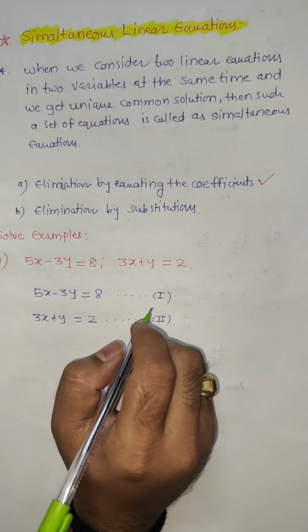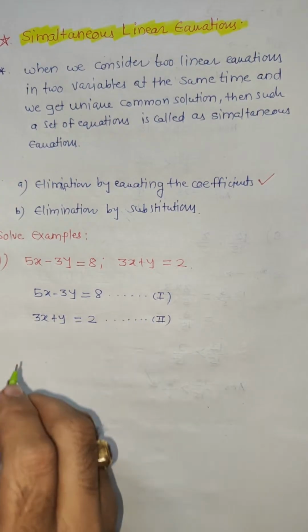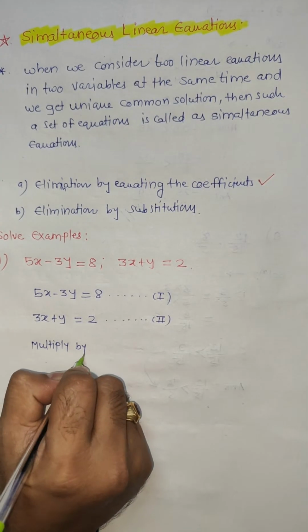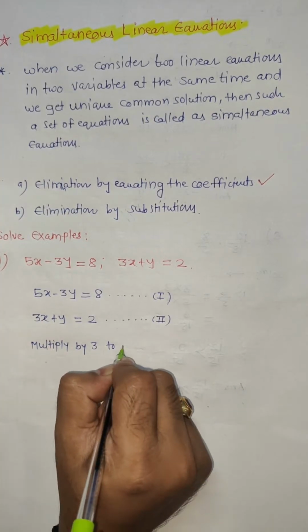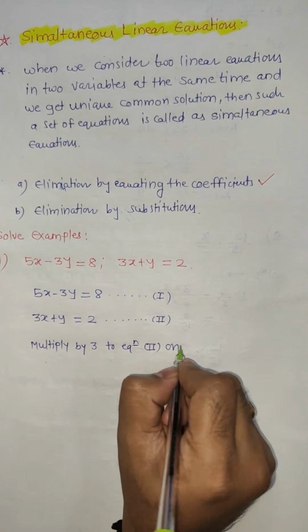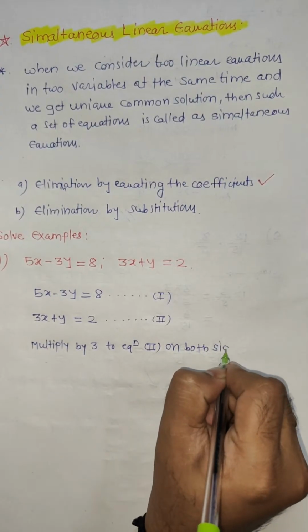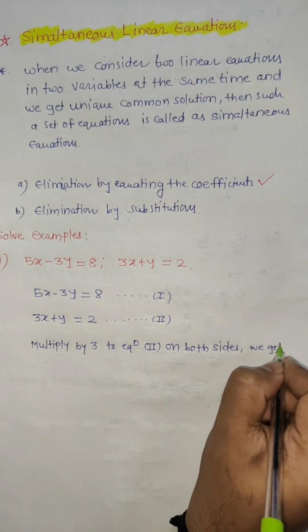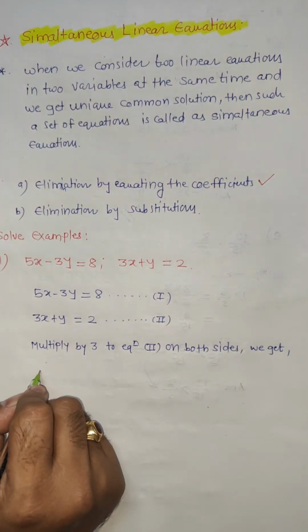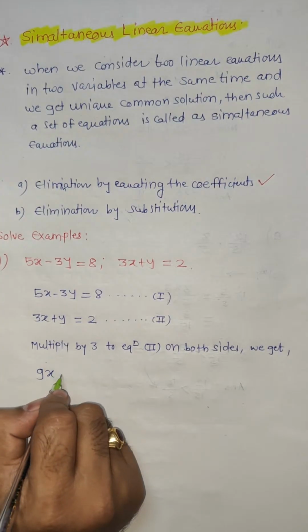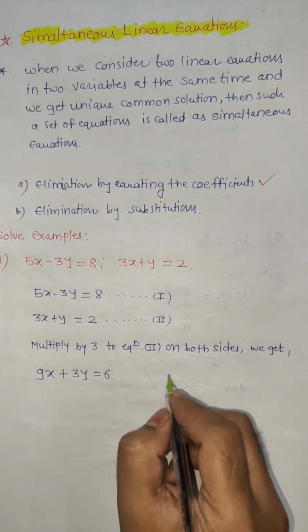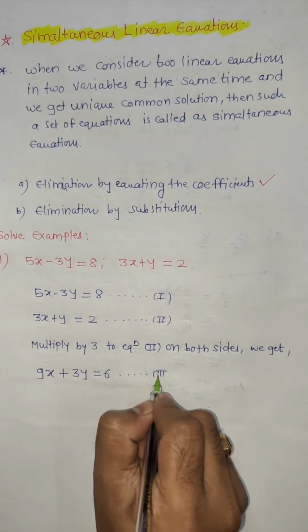So multiplying both sides of equation 2 by 3, we get 9x plus 3y is equal to 6. This is equation number 3.